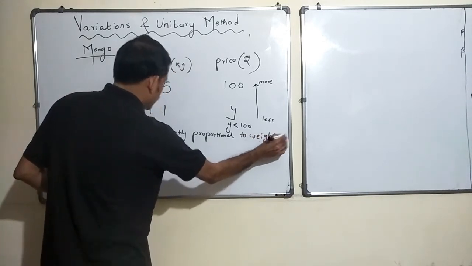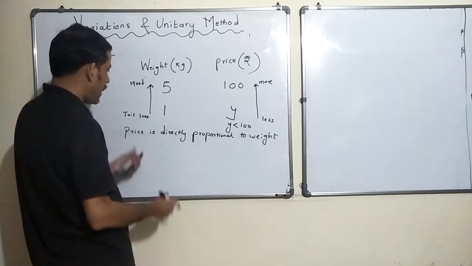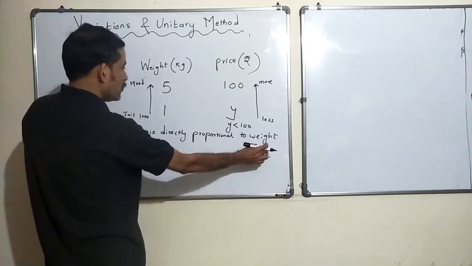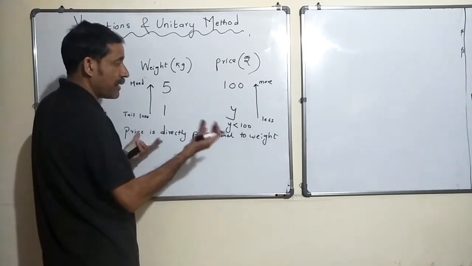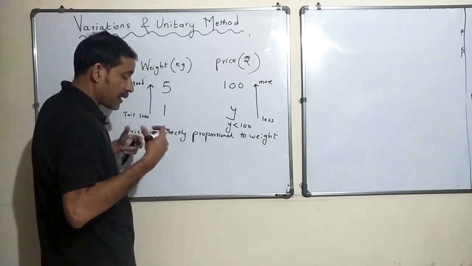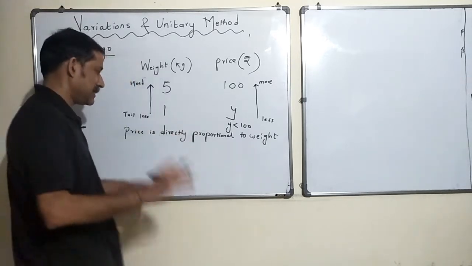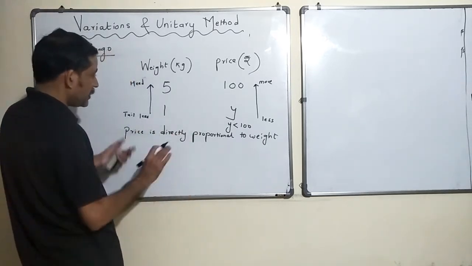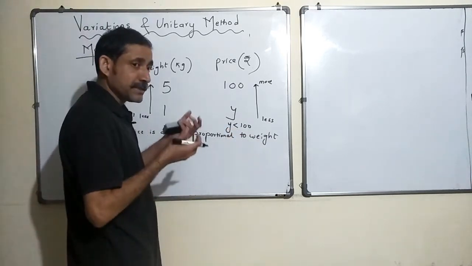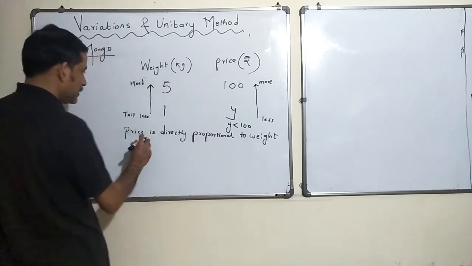Okay, price is directly proportional to weight. All right, so as the price increases, you will get more weight, means you will get more mangoes, more in kg basically. All right. Similarly, if weight increases, which means you also have to pay more price for the mangoes. Okay, so this is the thing, right?